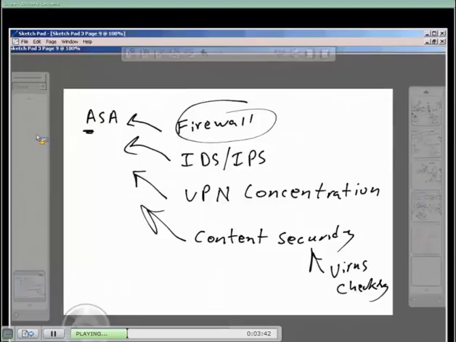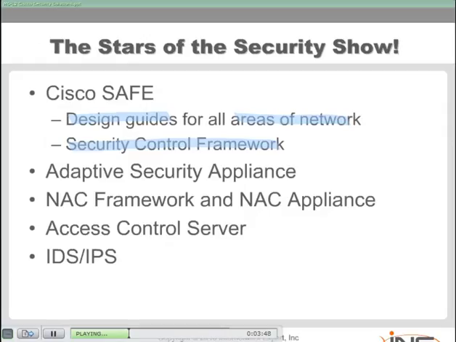Another key area of Cisco security products is called the NAC framework. And there's a Cisco product that you can get to implement the NAC framework in a very sophisticated fashion. And this is called the NAC appliance, literally a box for doing network access control.